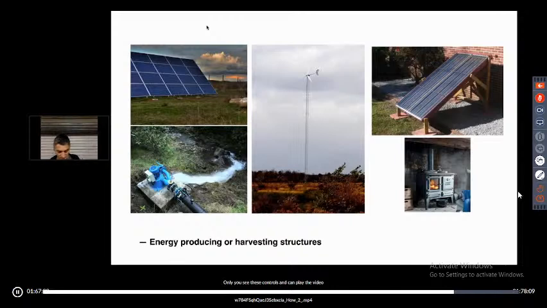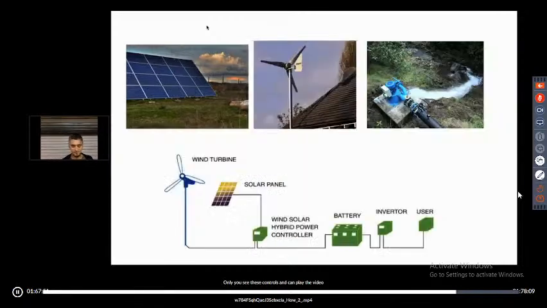So it can be photovoltaic or wind energy, or micro hydro, or biofuels, or passive solar hot water, or just wood stoves. So each of us will have different opportunities. I'll just quickly go through some of them.